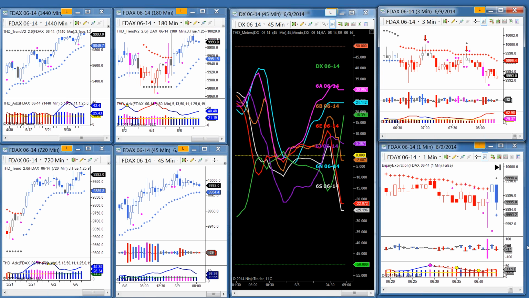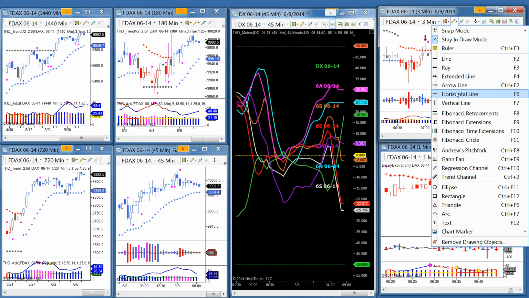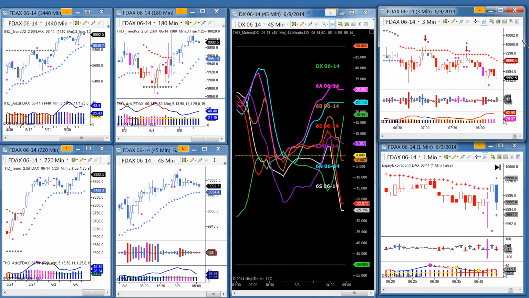Now, this is not one I would anticipate staying with the entire day. Why? Because it's retracing back to the ATR on the 45-minute chart. The ATR on the 45-minute chart is at 99.85. You can come over to the 3-minute and put a line on the chart at that value.